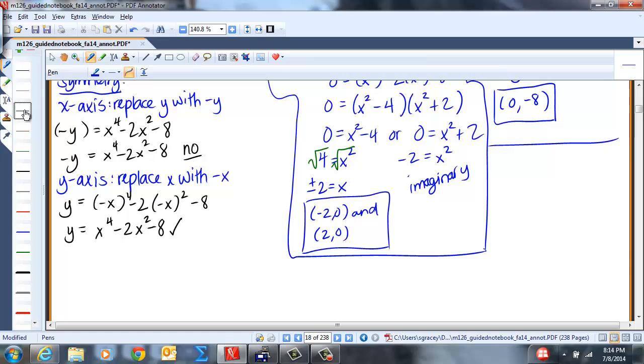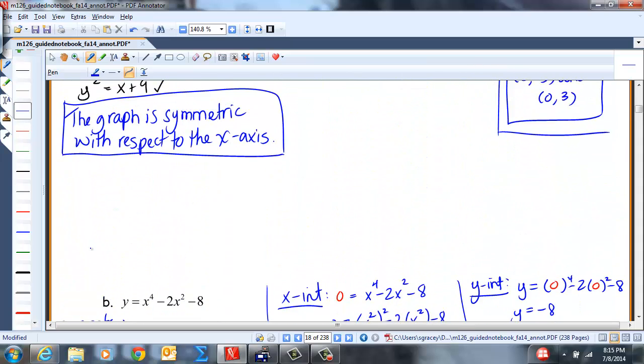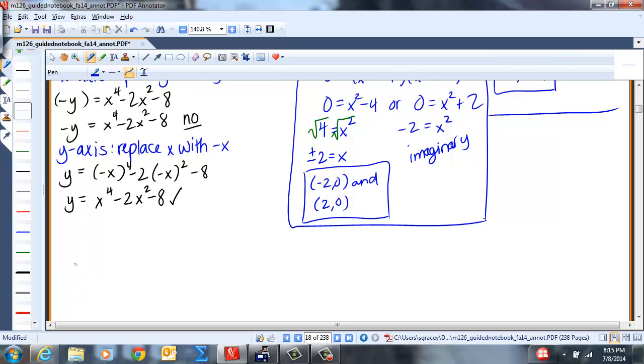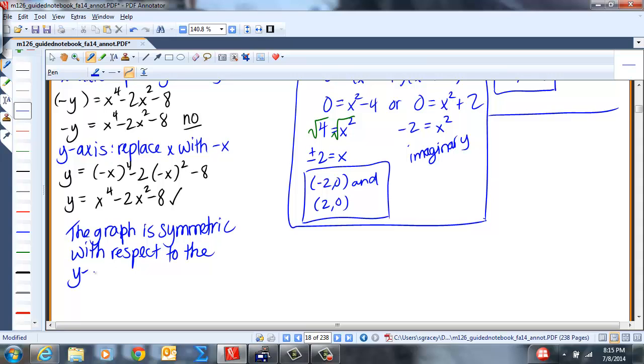So this one will be symmetric. I should say the graph is symmetric with respect to the y-axis.